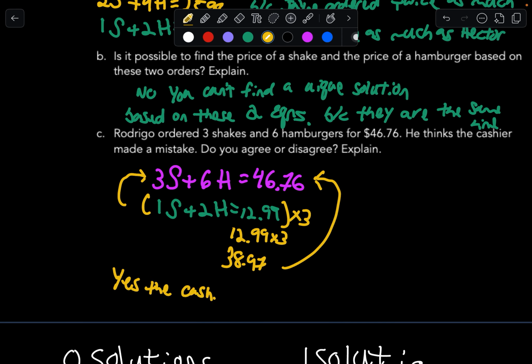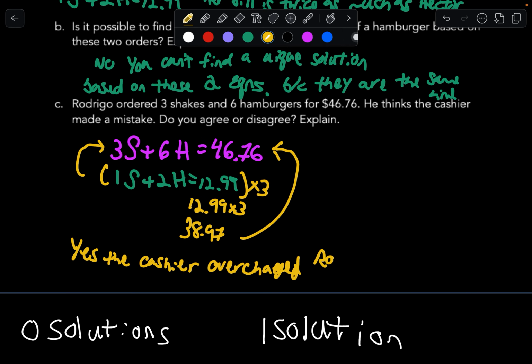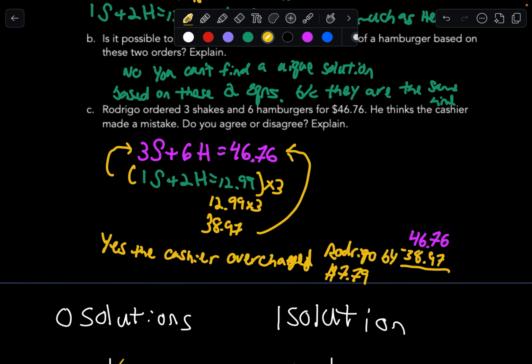The cashier overcharged Rodrigo by, and we just find the difference, 46.76, which was what he was charged, minus 38.97, which is $7.79. So there was a mistake that the cashier made.